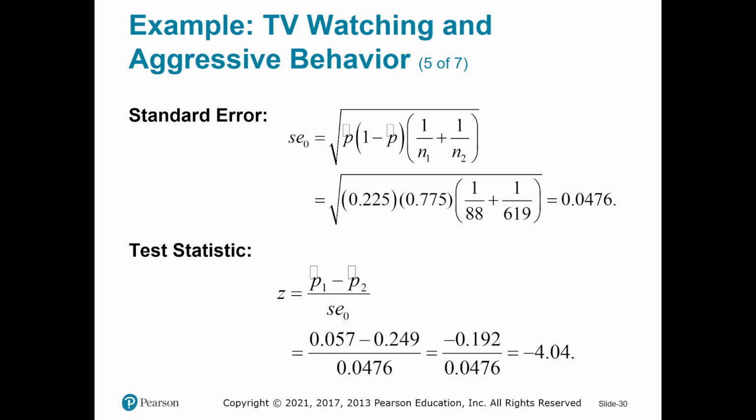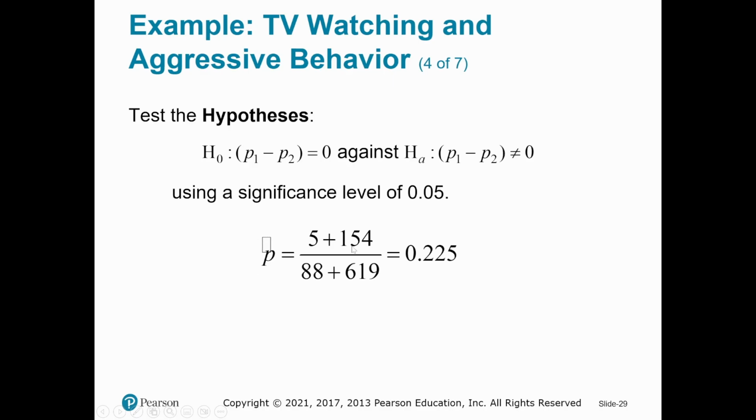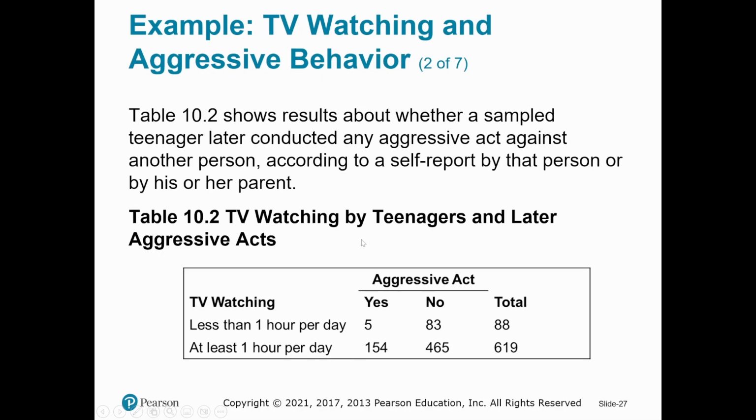Okay, so we got the standard error. So this is called pooling. So let's get the 5 plus the 154. Let me show you where this came from. See the 5 plus 154? See how we're pooling it from both groups? We have the low TV exposure group, and we have the not low TV exposure group.